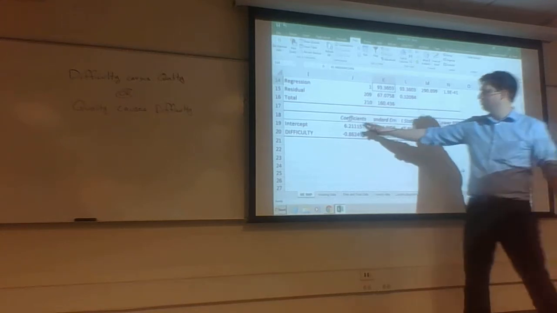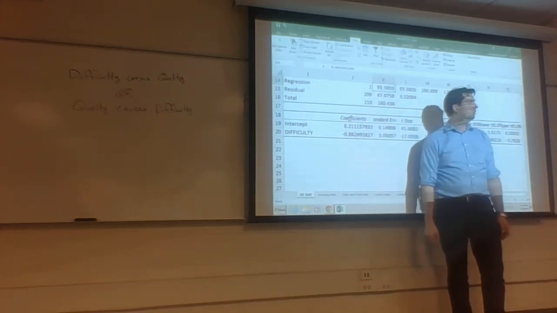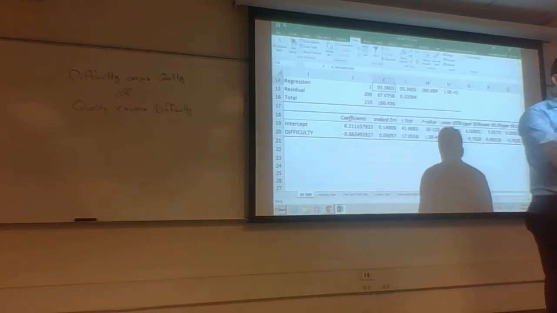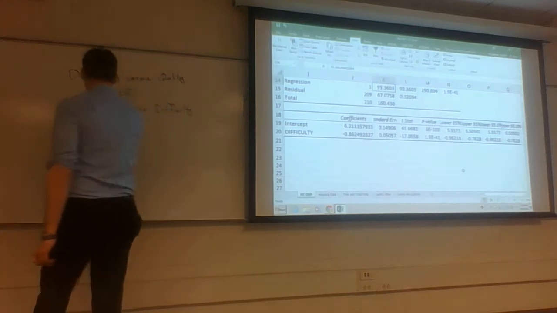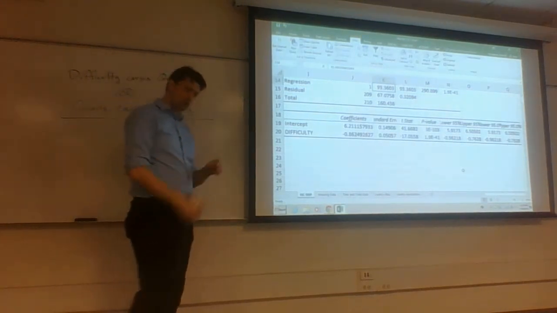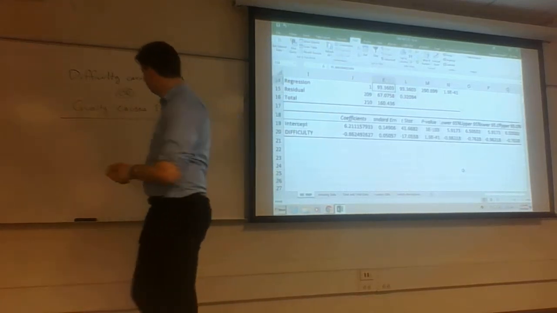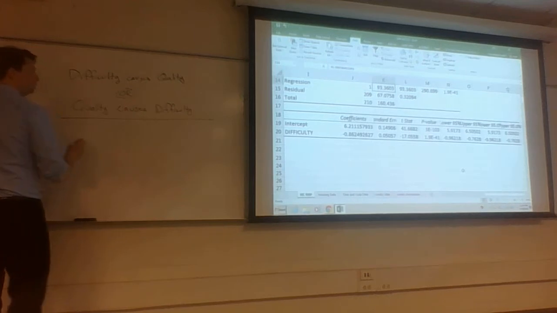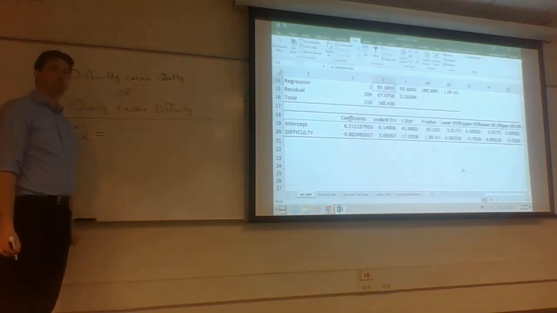What do you think this is right here? 6.2112. Give me a hint. The coefficients are our beta values. Quality equals. Anyone?